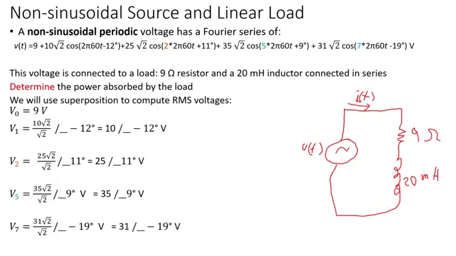So if you have a non-sinusoidal periodic voltage with a Fourier series, where the voltage is 9 plus, I'm not going to go through all this. Basically, you have this voltage here.